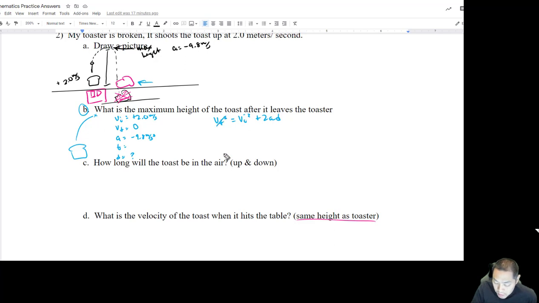VF is 0. VI is 2 meters per second, squared, plus 2 times negative 9.8 meters per second squared. And we're looking for D. So we get 4. I'm going to move it to the other side. So I'm going to do 2 steps at once.